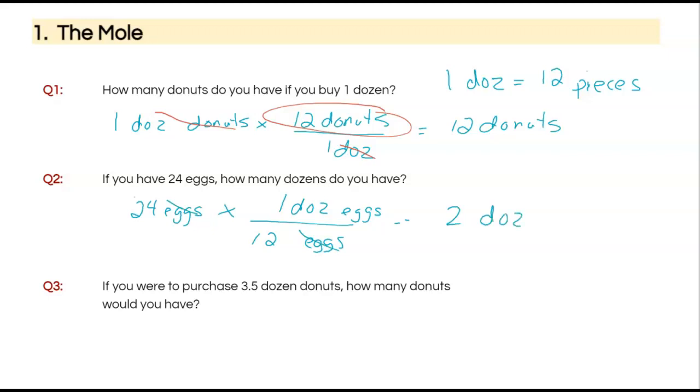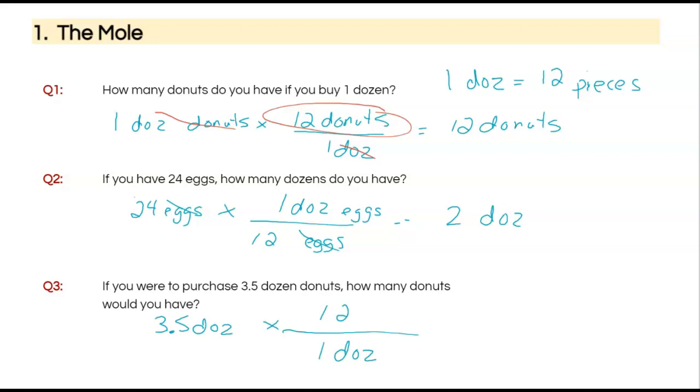You can see how in more complicated questions, analyzing it in this way might make it easier to solve, and we're certainly going to have to do that in the next steps. So let's look at this. If you were to purchase 3.5 dozen donuts, how many donuts would you have? If I have 3.5 dozen of anything, in 1 dozen I always have 12 pieces.